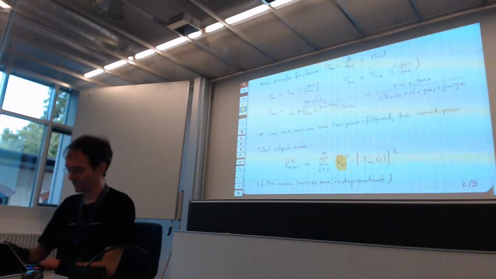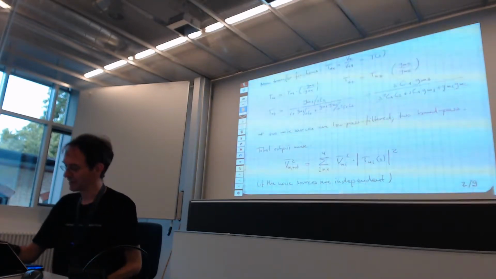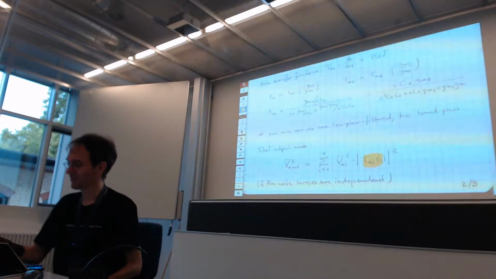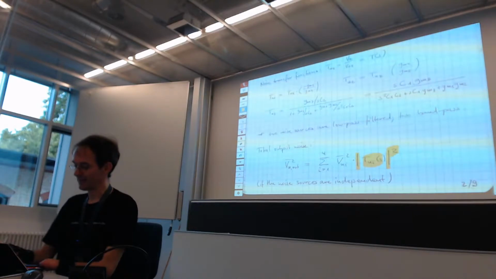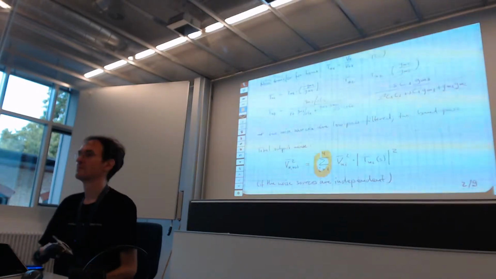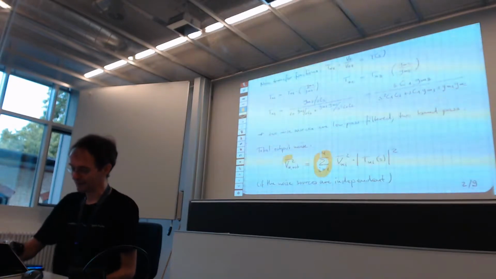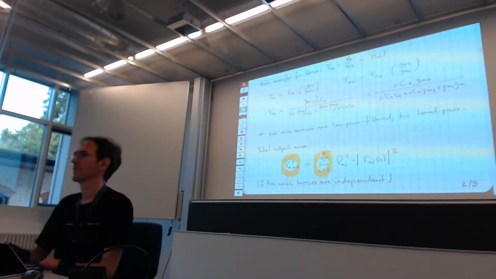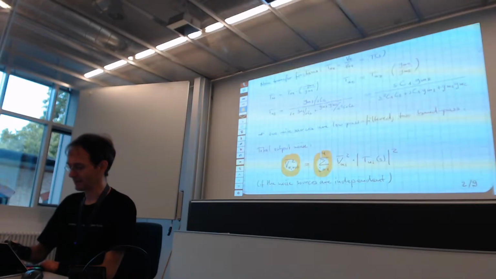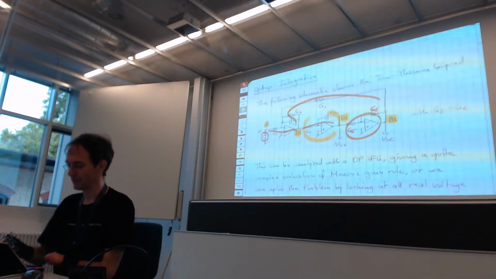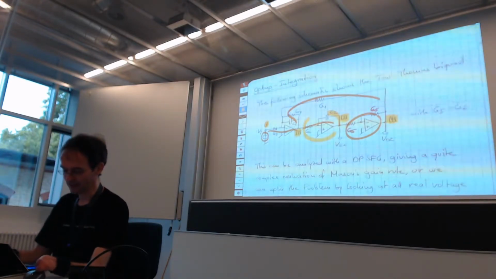So this is the square of the absolute value, and then you take the absolute value of the transfer function squared. And then you add all those squares. And then you get the square of the output noise. And if you're not satisfied with having the square of it, then you have to take the square root later.